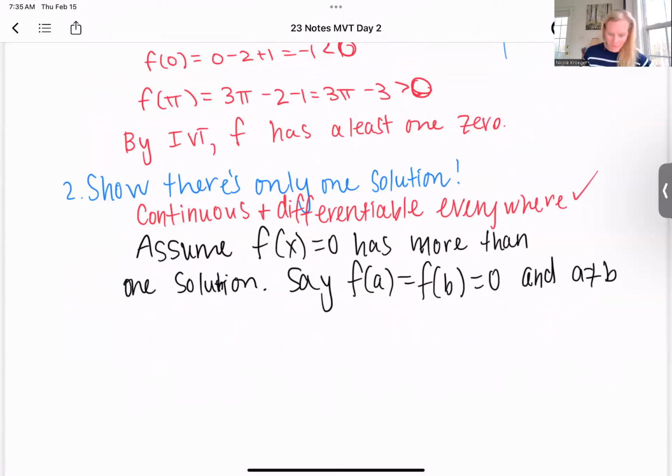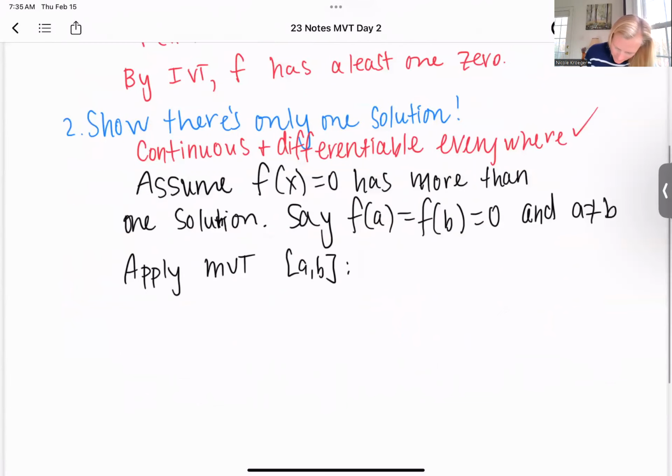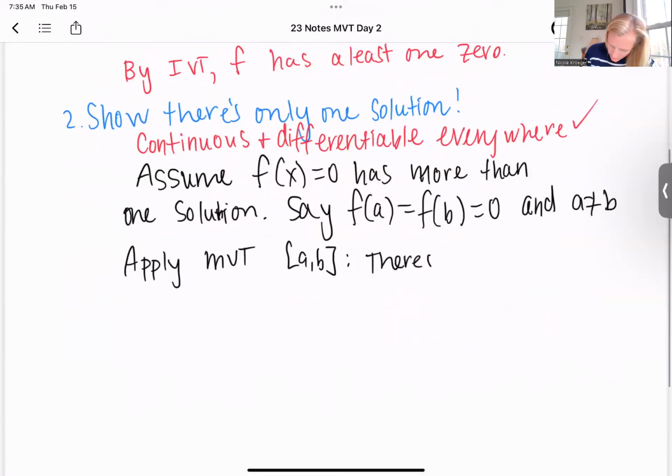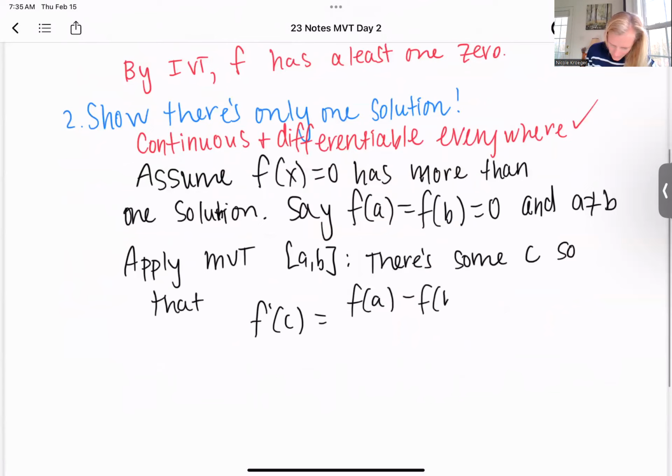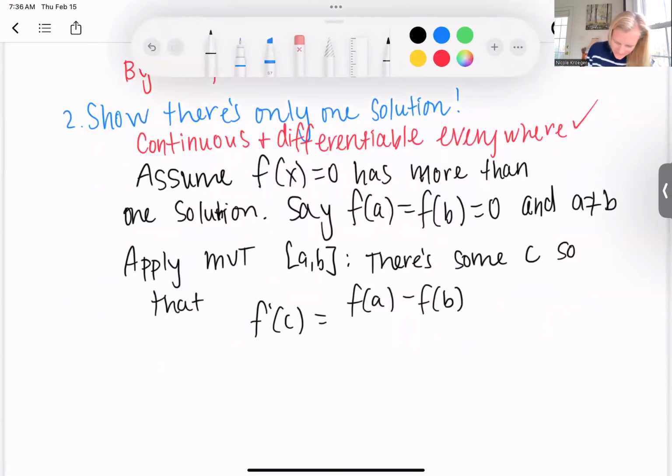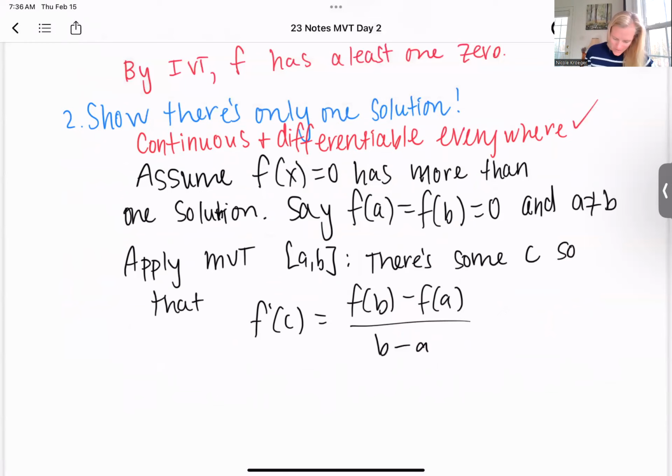So let's apply the mean value theorem on the interval A to B. Okay, so the mean value theorem says there is some C on that interval so that f prime of C is f of A minus f of B. And let's change the order, f of B minus f of A. It doesn't really matter as long as I get the denominator correct, over B minus A.